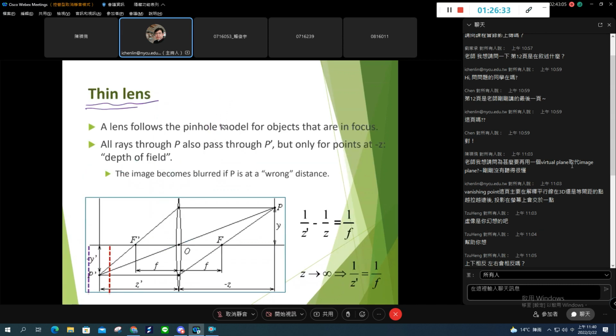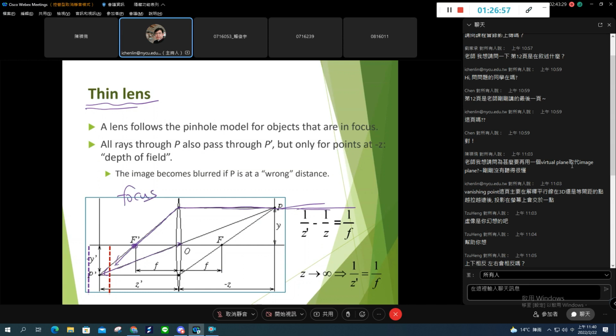So in the thin lens model, given a ray that passes through the camera center, it goes straight forward, right? However, if there is a parallel line from a distance, then this line will pass through the so-called focus.